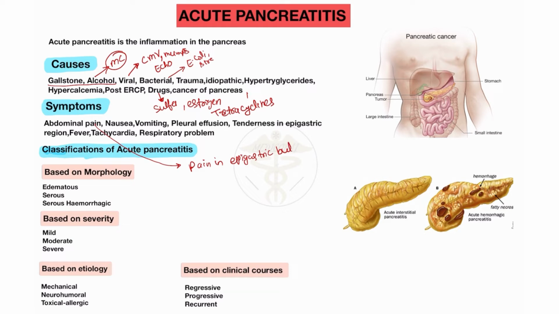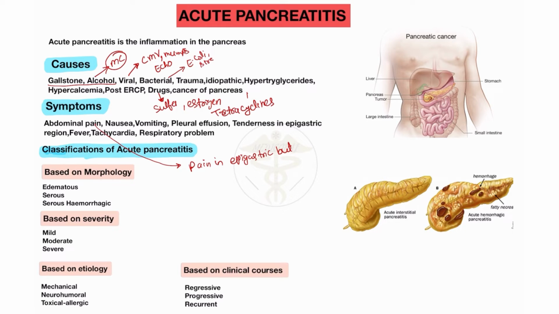But because it is also present in the left hypochondriac region, the pain migrates to the left back side also, because the tail of the pancreas is also located on the left back side.